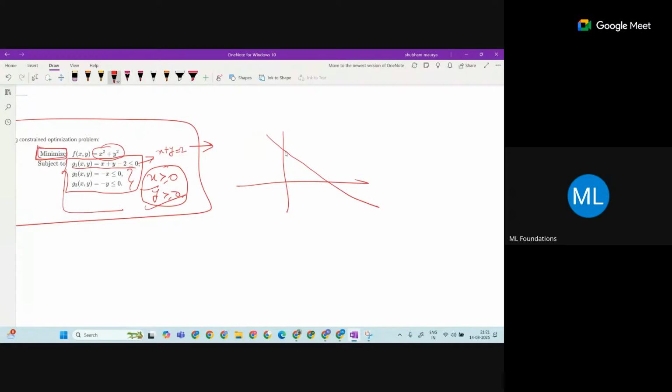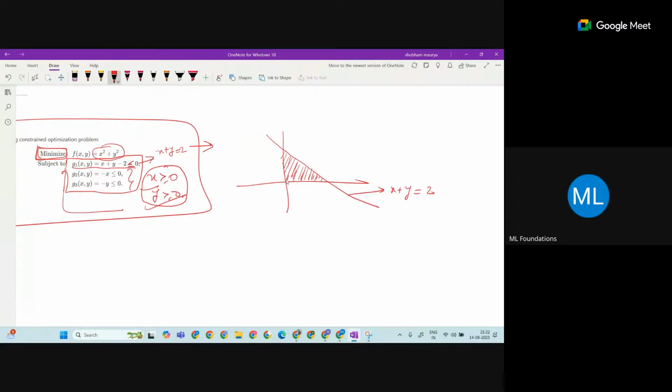It is for minimum. Okay. So see, this is the feasible region now. X is greater than 0, y is greater than 0, and below the line. This is your line, x plus y equal to 2, and this is less than or equal to, so below the line. This is your feasible region.